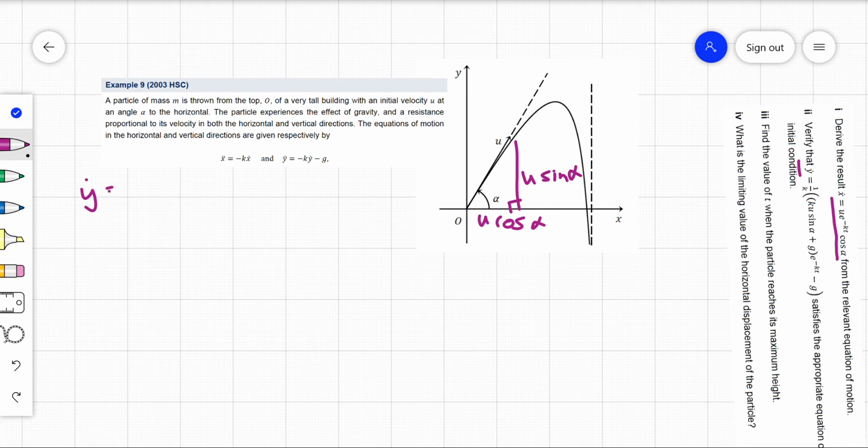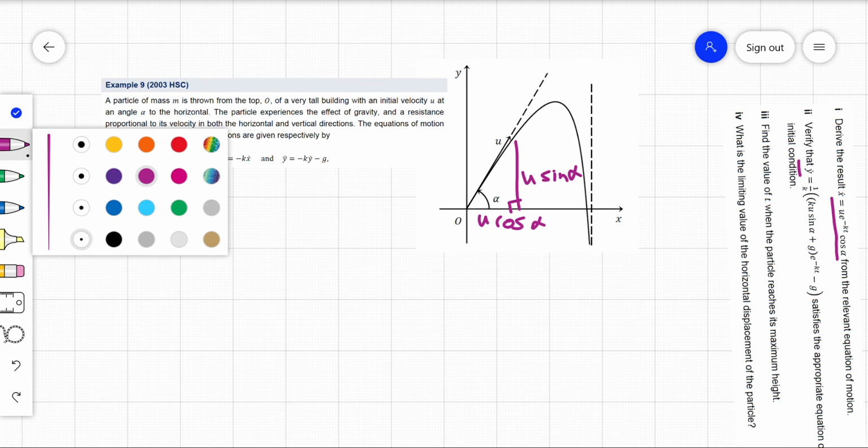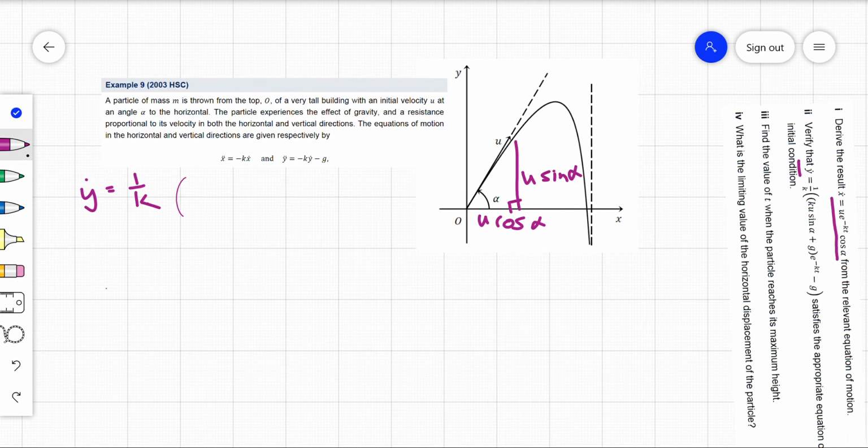So y dot is 1 on k, ku sine alpha plus g, e to the minus kt, minus g. All right, so if I'm differentiating with respect to t to get y double dot, the only t you can see in there is here, it's an e to the minus kt.